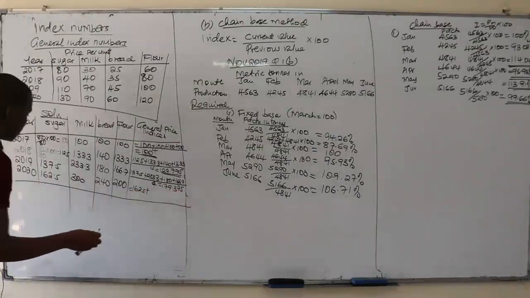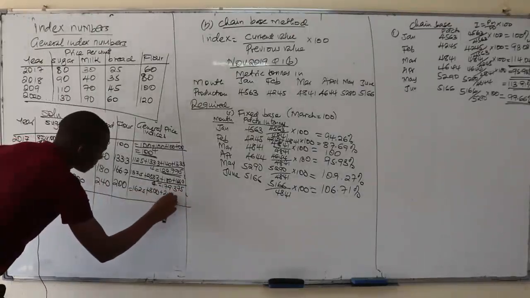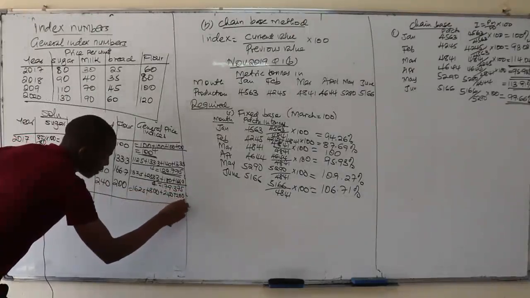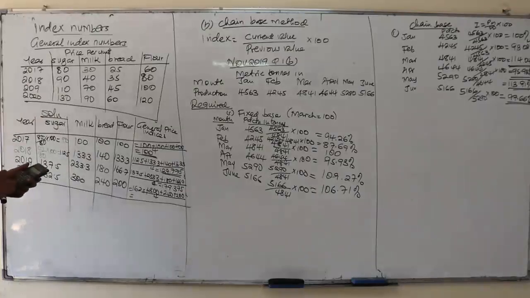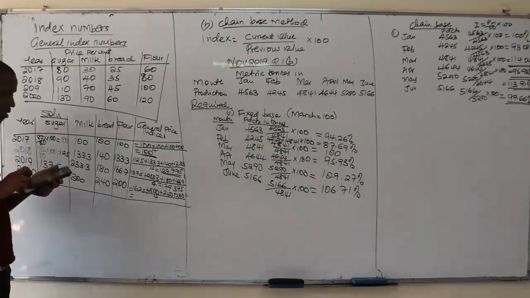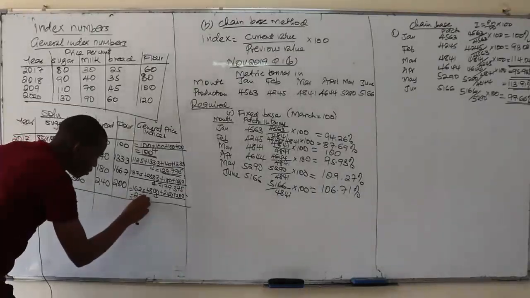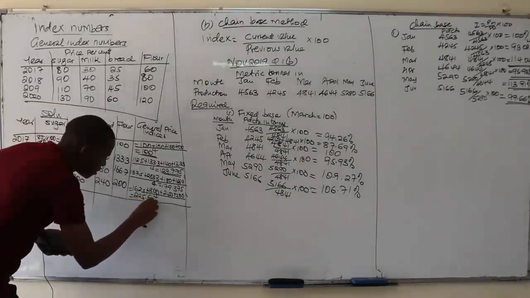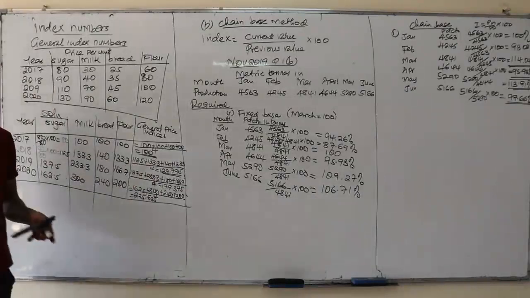You add 300, you add 240, you add 200, and then you divide by 4. That is 162.5, you add 300, you add 240, add 200, then you divide by 4, which is 225.625. And that is how you get the general index numbers.